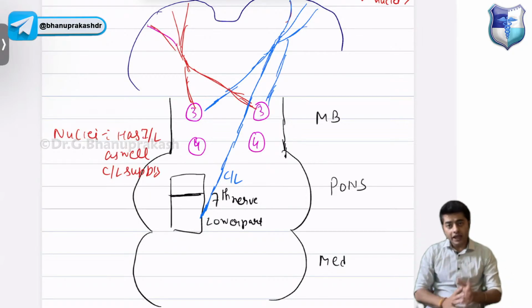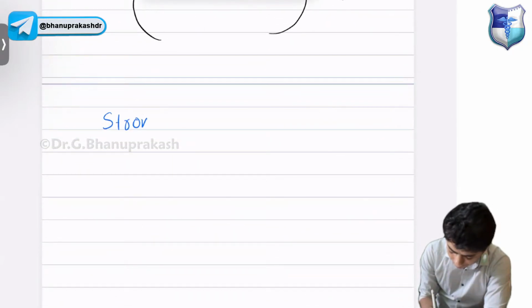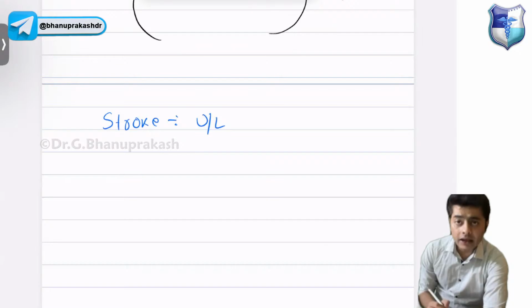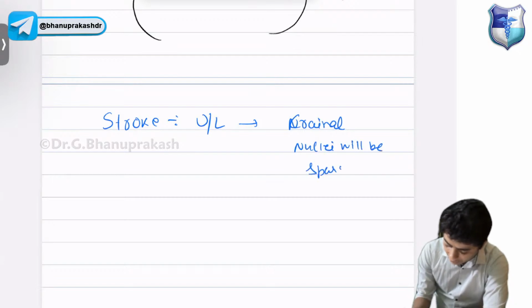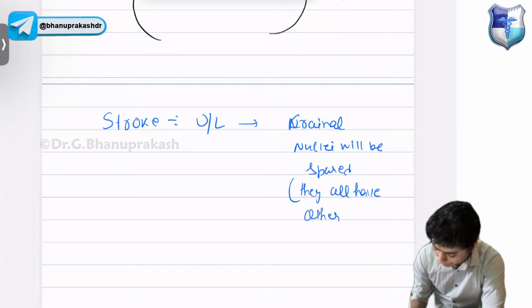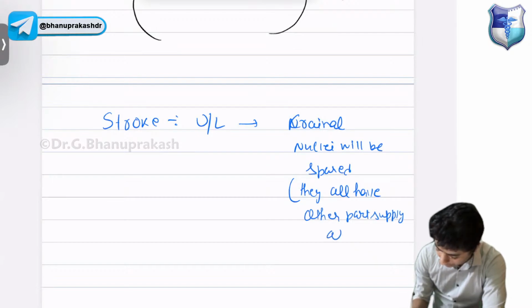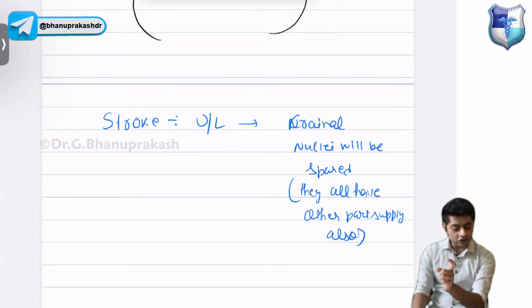So if you are getting a stroke that is unilateral, your cranial nerve nuclei will be spared, because they all have the other part supply also, except your seventh nuclei, that also the lower part.